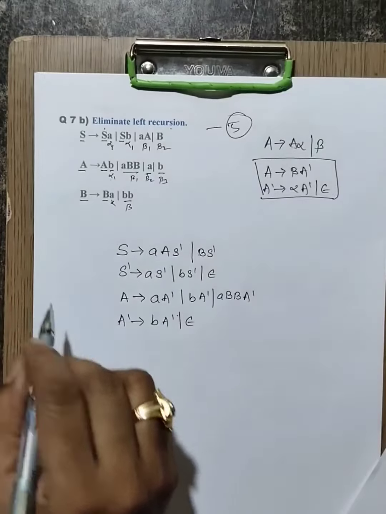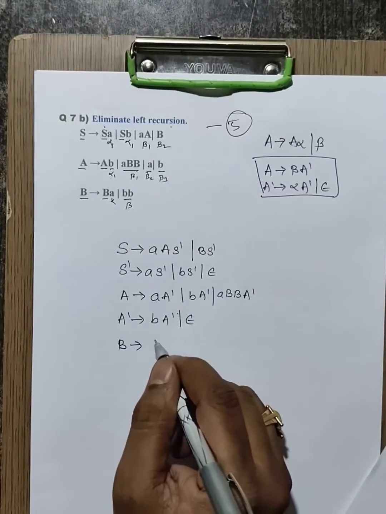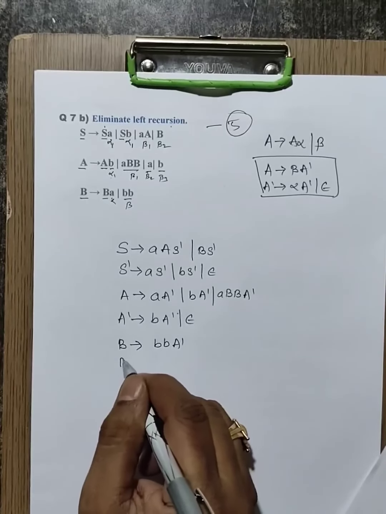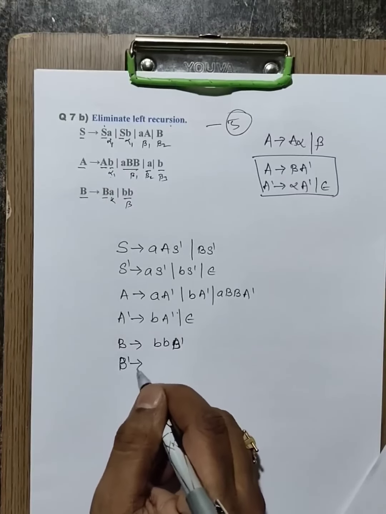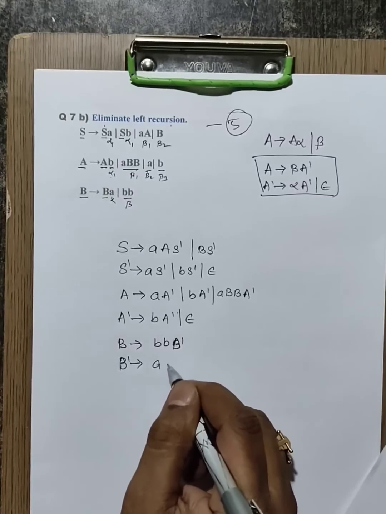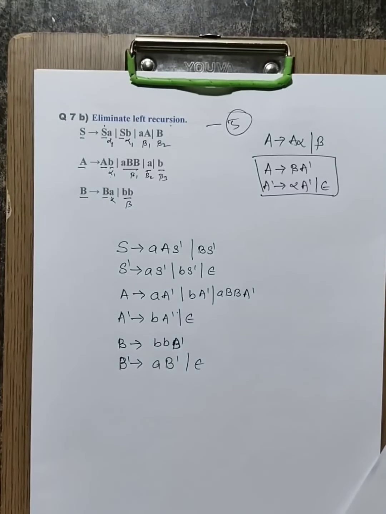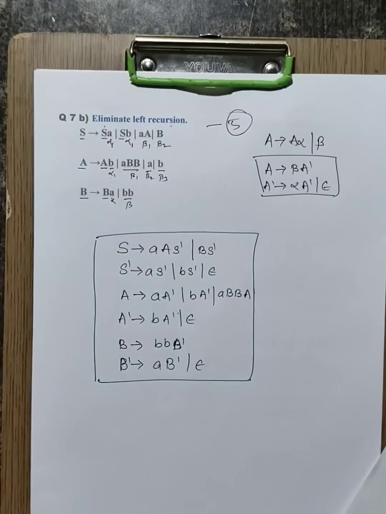The next, second last example, B produces beta, means B A dash and B dash, and B dash produces alpha A B dash or epsilon. This is after eliminating left recursion.